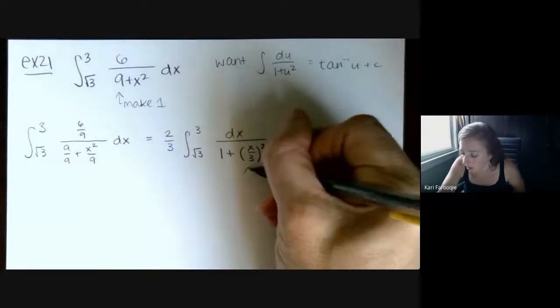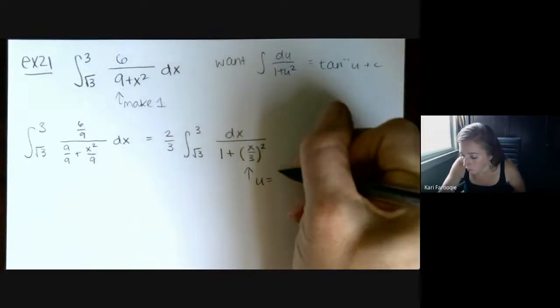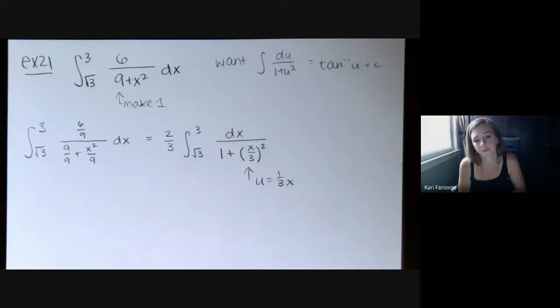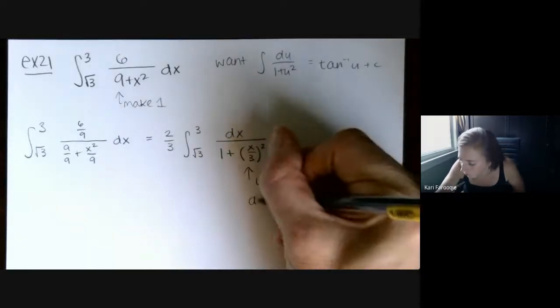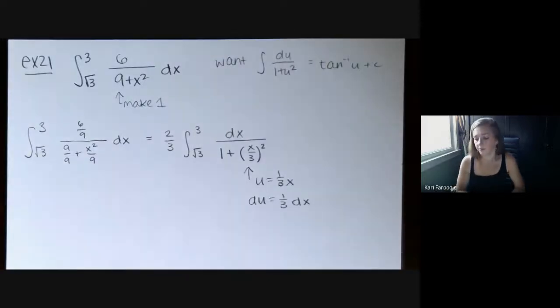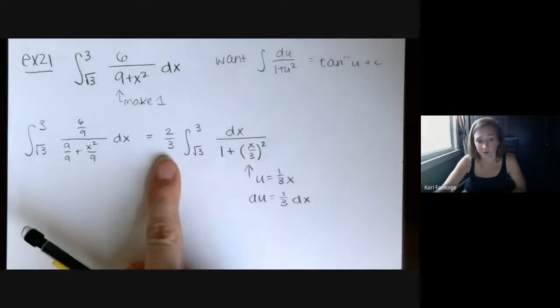Now, once we have that, we can write u as x over 3, or if you are like me and you prefer 1/3 x, write it as 1/3 x. Same thing. Du is 1/3 dx. Now, you don't have a 1/3 dx. Technically, you have a 2/3 dx.